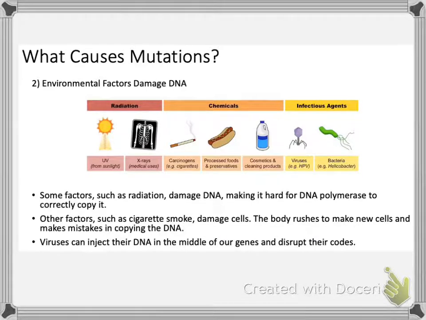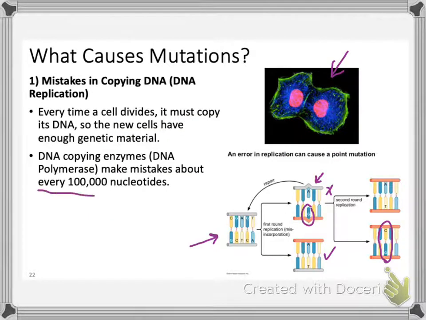When you're breathing in chemicals, either from smoking a cigarette or through vaping, those chemicals damage the cells. And then the body has to make new cells to replace the damaged cells. And every time the cell has to copy its DNA, there are always a few mistakes that are made. Because DNA polymerase makes mistakes every 100,000 nucleotides.